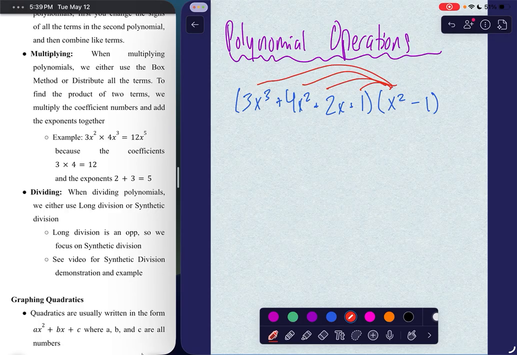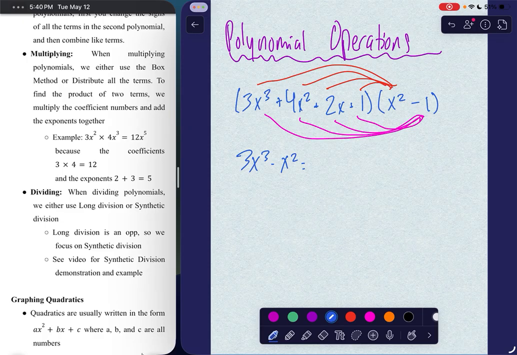So we have to distribute that x squared to all those other terms and distribute that -1 to all those other terms, right? So x squared times 3x to the 3, or 3x to the 3 times x squared. Remember, we do our numbers together, and then we add our exponents, right?